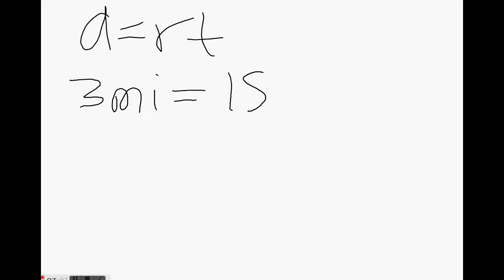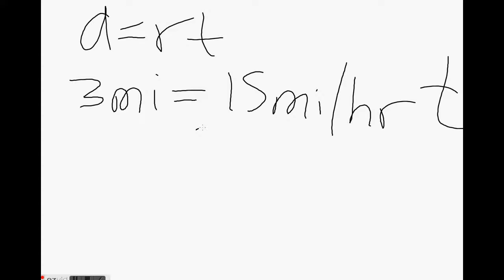D, the distance, is 3 miles, equals the rate, which is 15 miles per hour, times the time, which is unknown.